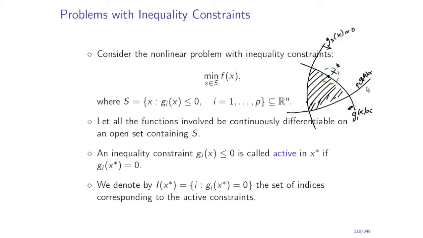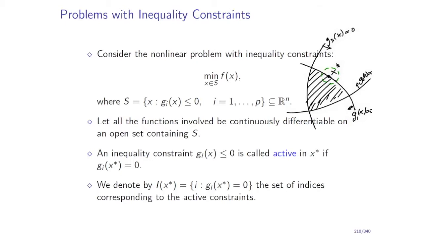Because these two constraints are not active at this point, we can always find a small enough neighborhood of this point such that these two constraints have no influence on it. So the intersection of this neighborhood of the point with the feasible region is not in any way defined by these two constraints. So only one constraint is important, and this is the active constraint here.